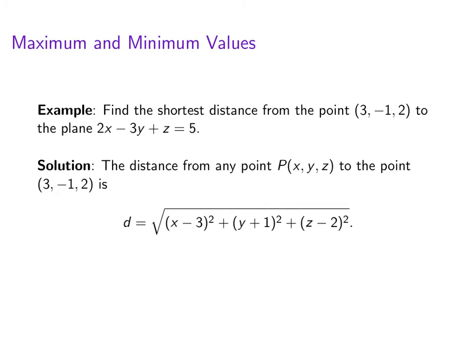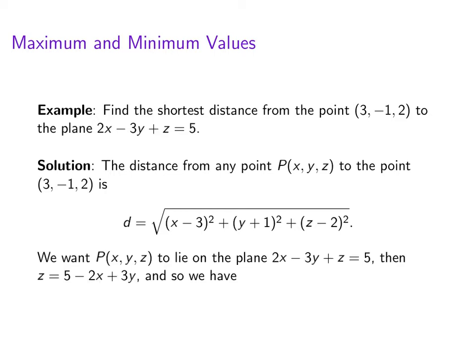So the distance from any point in space to the point (3, -1, 2) looks like this. The distance is the square root of (x - 3)^2 + (y + 1)^2 + (z - 2)^2. Now we want the point P to lie on the plane, so z should equal 5 - 2x + 3y.